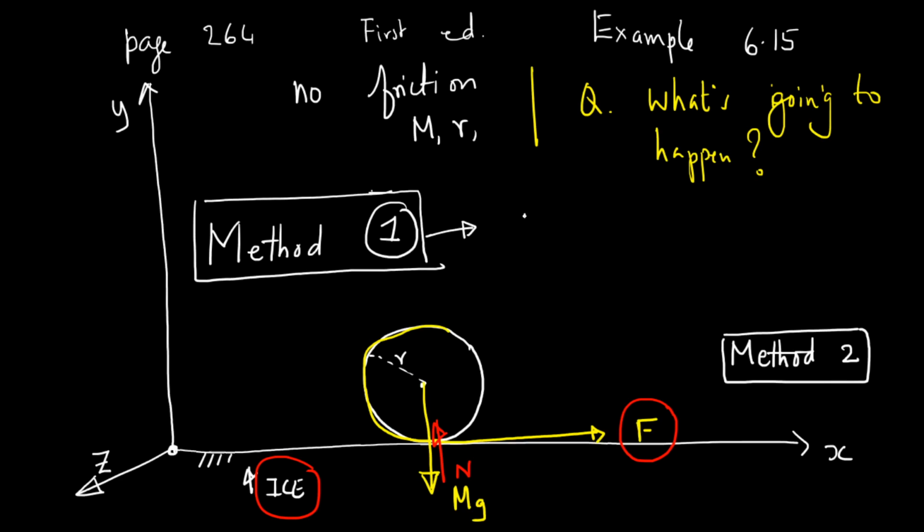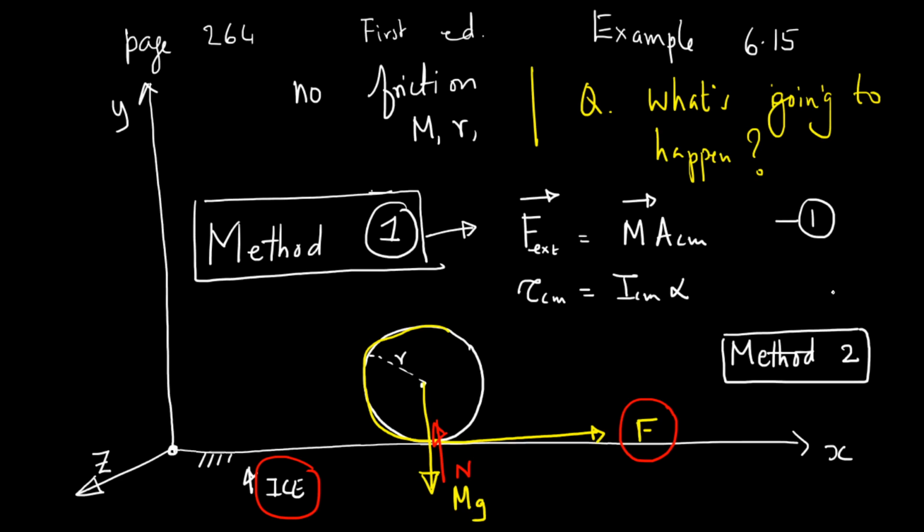That is, the external force on the system is equal to mass into acceleration of the center of mass. So why not predict this a priori? That's the first equation. And the second equation is tau cm is equal to I_cm alpha, and this will predict the rotation about the center of mass. So we can predict this and we can predict this, and that's the end of the problem.